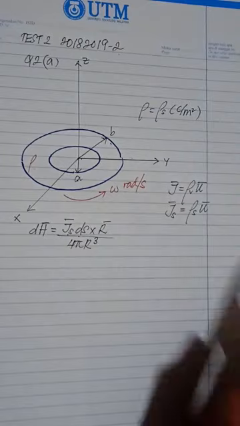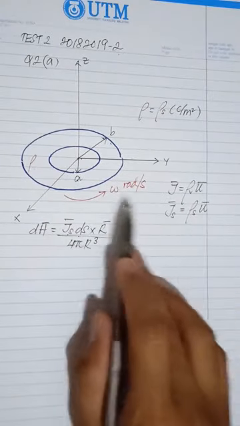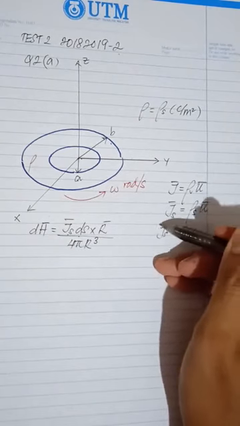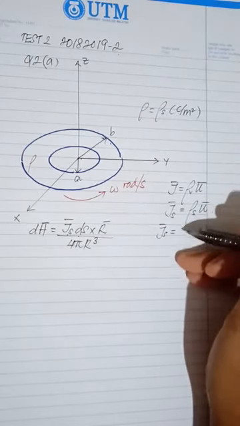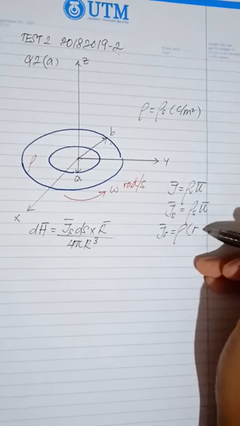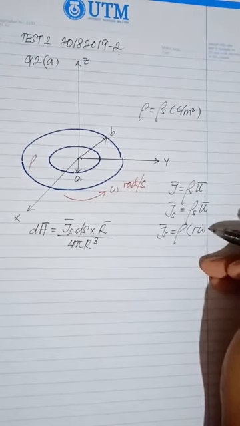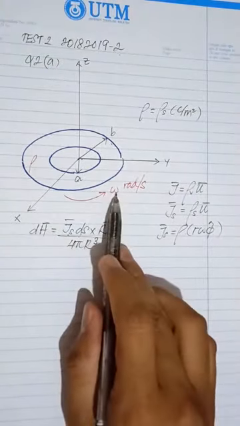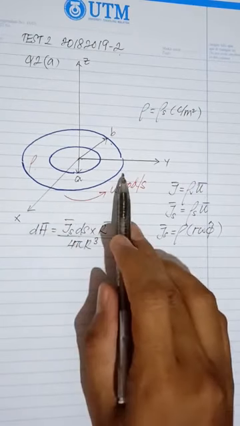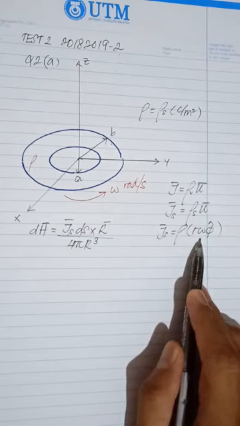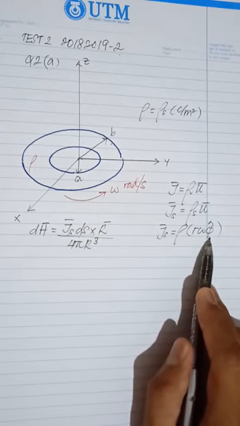Before that, we need to convert this u into omega. So how do we do it? The Js can be converted in this form: rho s, and u here we get r omega phi, because we know that the disc is rotating in positive phi, so we can convert u to omega, which becomes r omega phi.